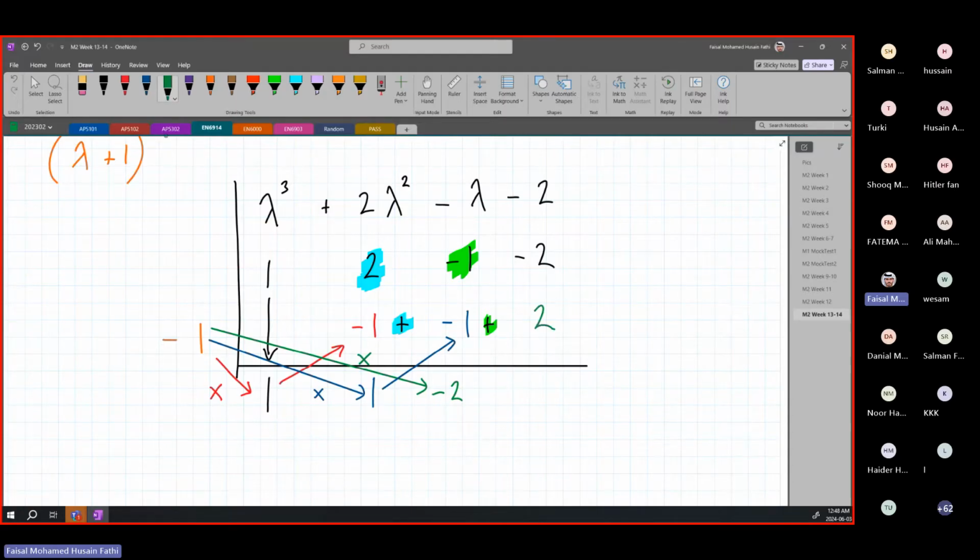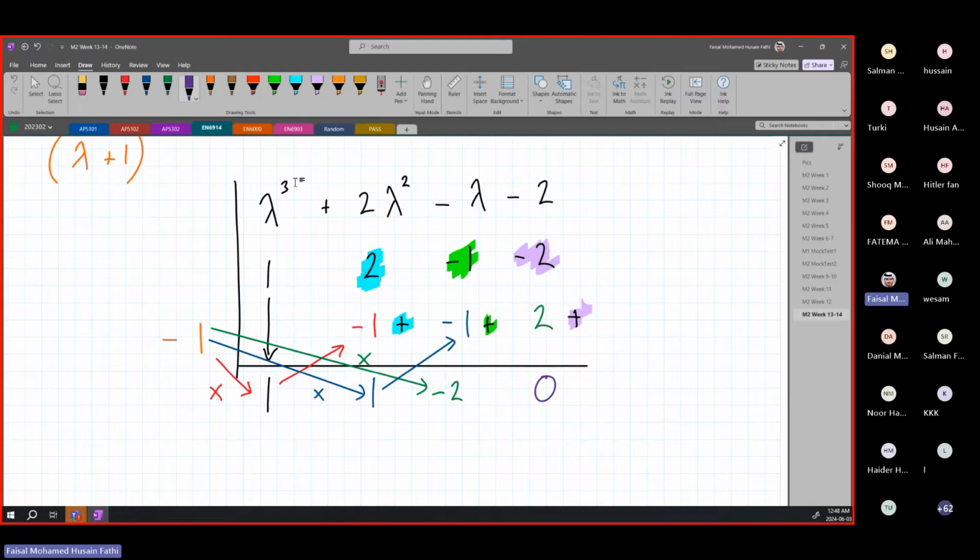So this will give us +2. All right, and then we're going to add again the value up and the value down. And here for the last one, you have to get 0. So you're going to add this with this number, and you're going to have -2 plus 2, you're going to get 0. All right.